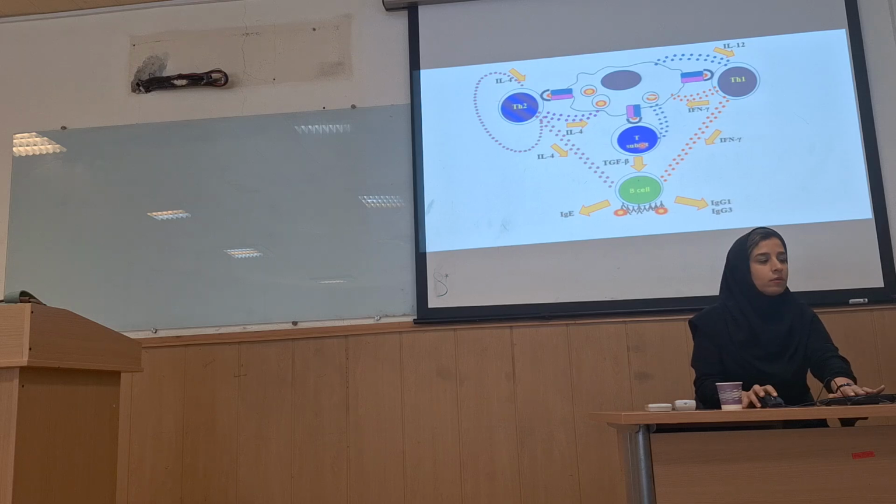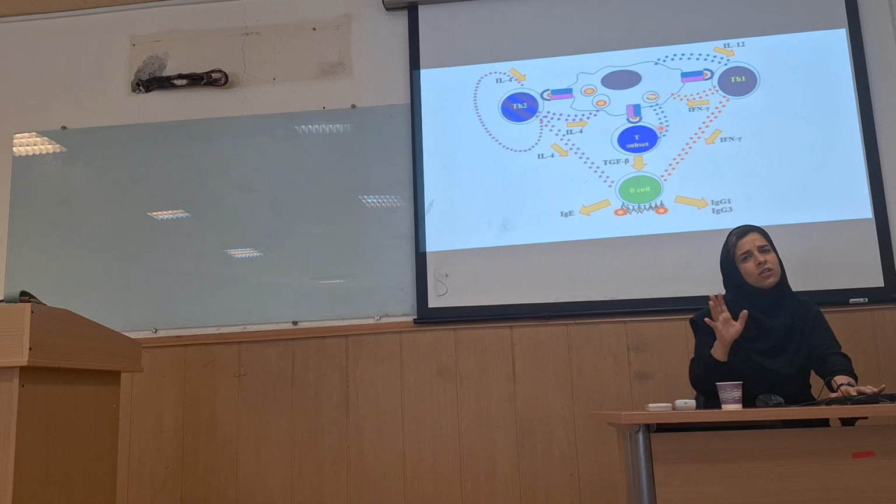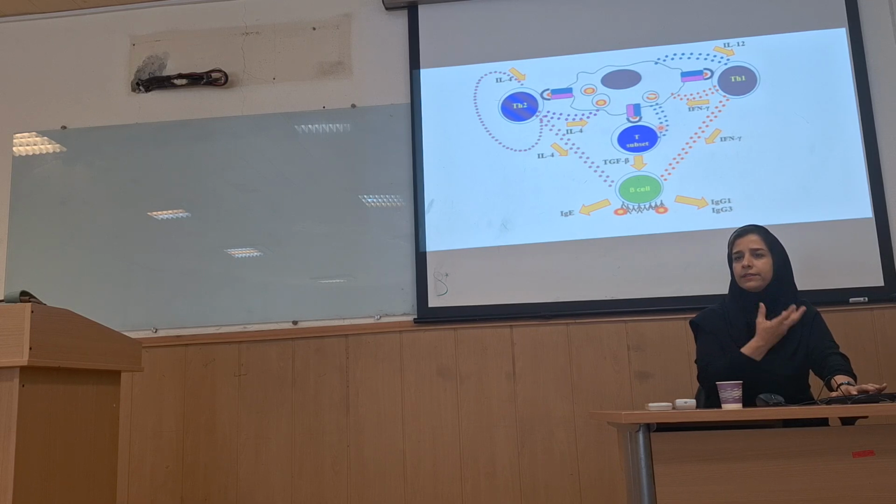Some scientists say this subtype is unknown, but other researchers say this T cell is able to produce the cytokine TGF-beta and can be the T helper 3 subtype. And also some scientists believe these cytokines can be TGF-beta and interleukin 23, and there is controversy about this subtype and their cytokines.